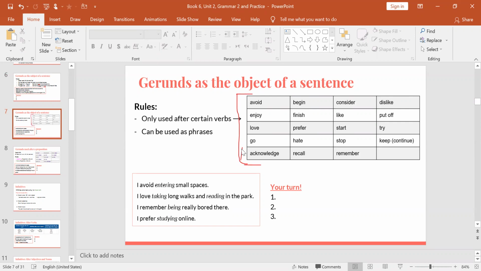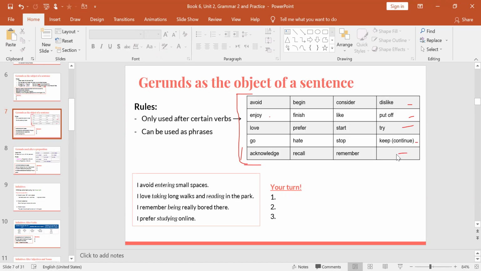Okay. So we have avoid, begin, consider, dislike, enjoy, finish, like, put off, love, prefer, start, try, go, hate, stop, keep, or continue, acknowledge, recall, and remember.